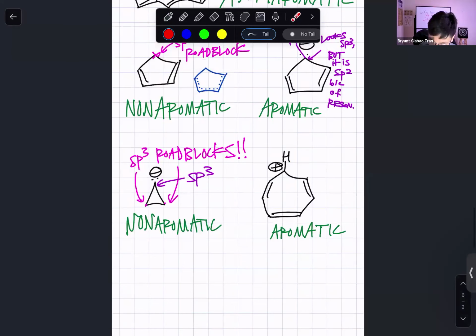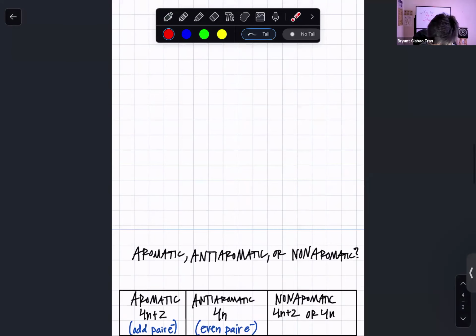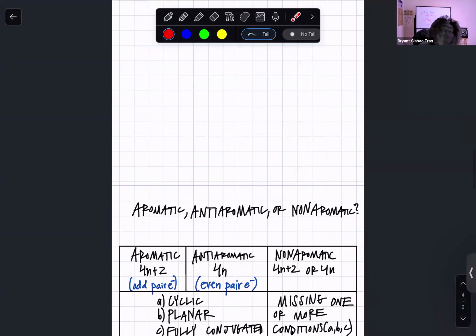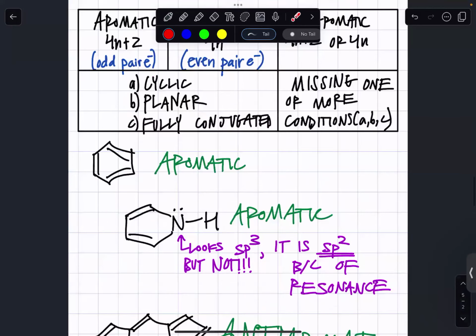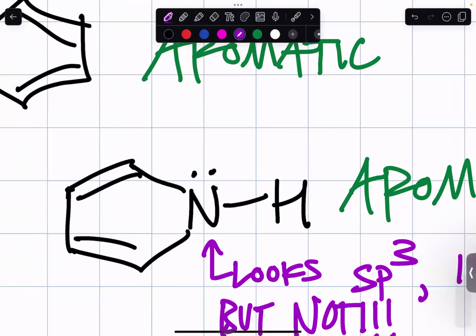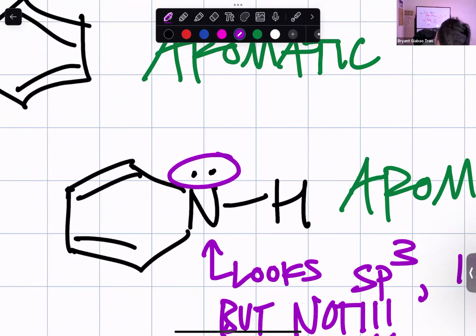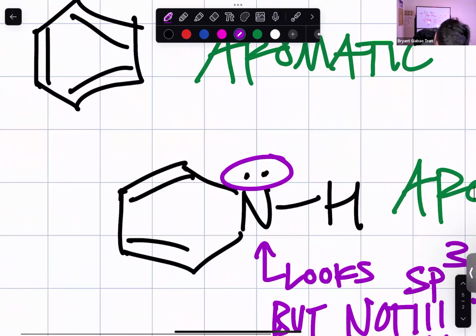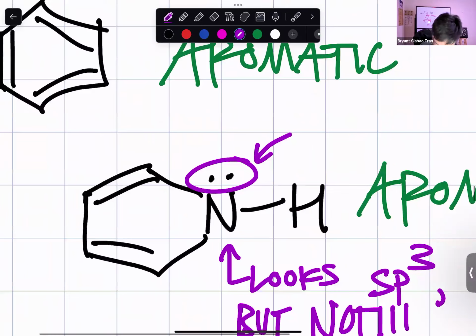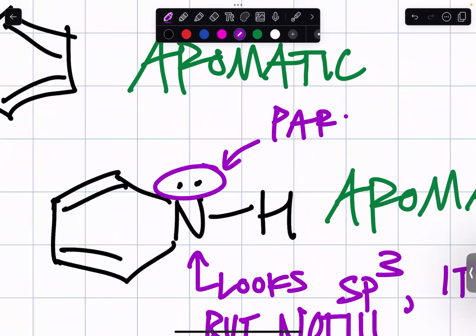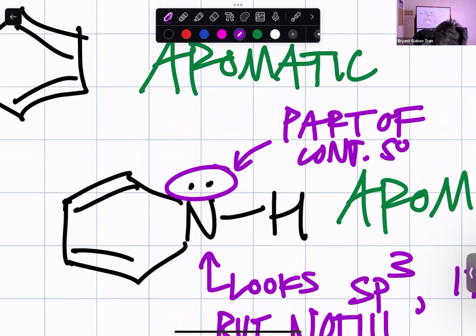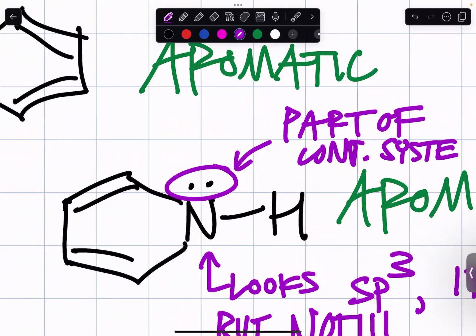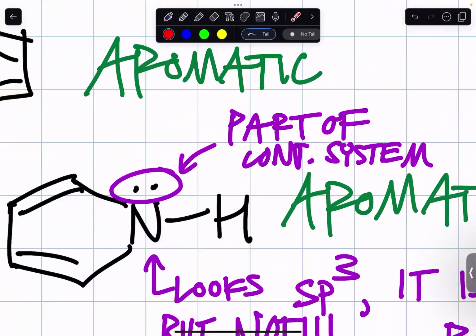Let me show you the difference between that and this one here. In the one with NH, this pair of electrons is part of the resonance structure, part of the conjugated system. If you look at the nitrogen it's on, it is not double bonded.